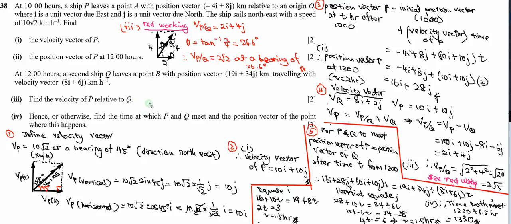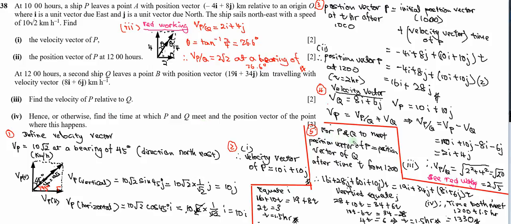Now part 4 of the question is to find the time at which P and Q meet. For them to meet, they must have the same position vector at a certain time t. So we're going to use this.